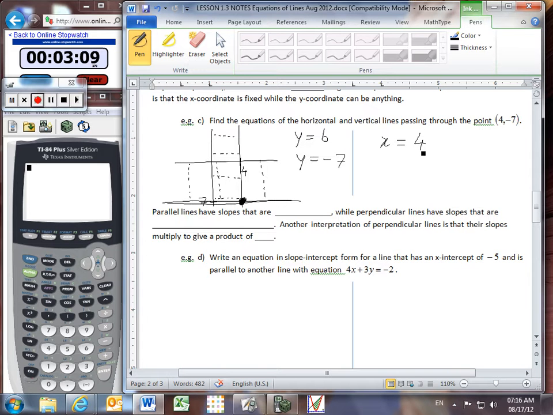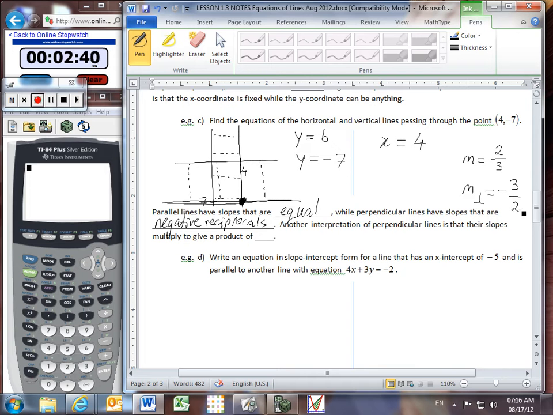Parallel lines have slopes that are equal, while perpendicular lines have slopes that are negative reciprocals of one another. And by a negative reciprocal, I'm saying that if you knew that the slope of one line was 2/3, well then the slope of the perpendicular line would be the negative of the reciprocal, -3/2.